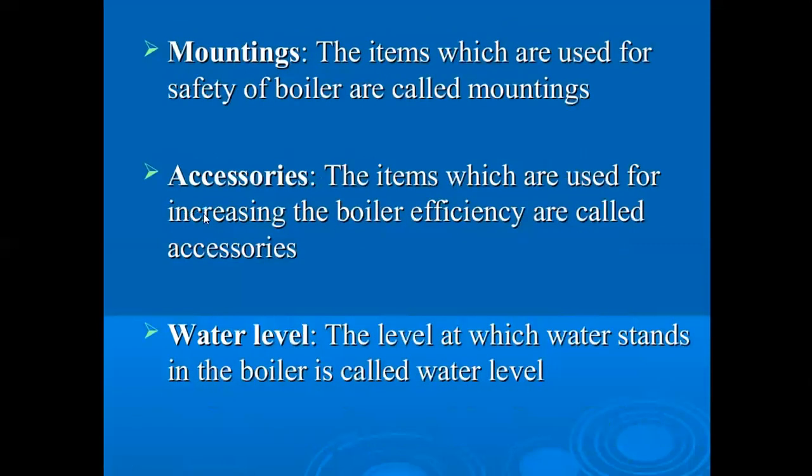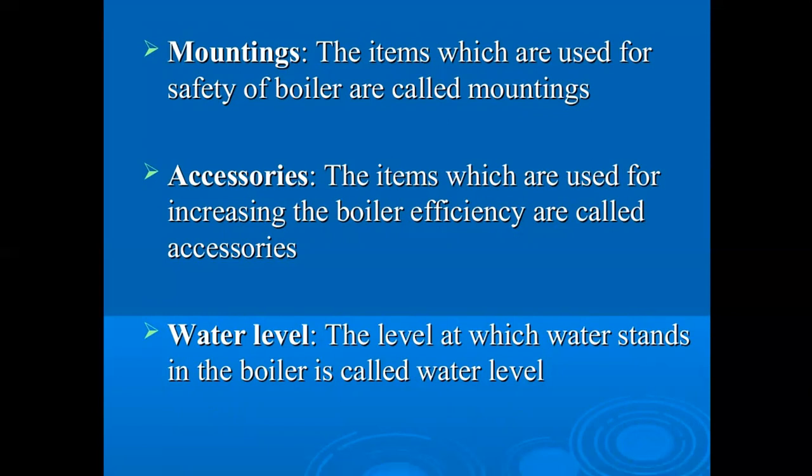Next, mountings. Boiler mountings are the items which are used for safety of the boiler. The boiler needs various devices for adequate control and operation, and such devices are called mountings.